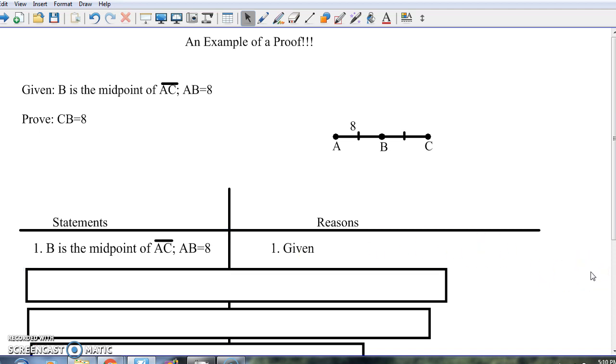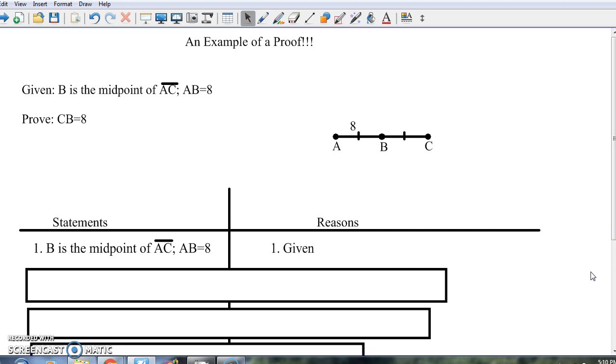From here, I've already marked the diagram, but we need to mention in our proof that because B is the midpoint of segment AC, that means that AB and BC are congruent. So that is the next thing I would write in my statements. And the reason is that by definition, a midpoint divides a segment into two congruent segments.